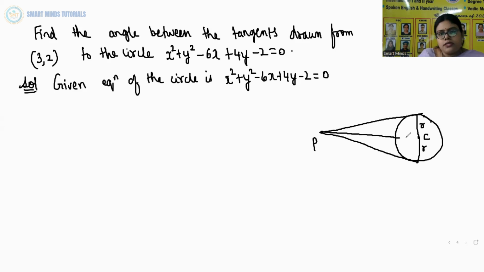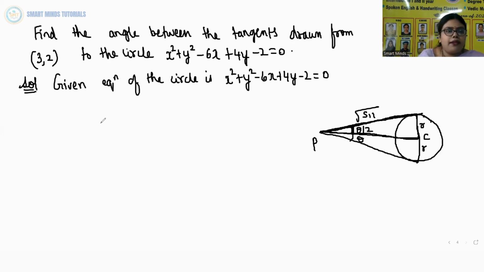Now you join CP. This full angle is theta. So this half angle will be theta by 2, no? And this is the length of tangent. We know that the length of tangent formula is root S11. So we apply tan theta here. This is a right angle triangle now.